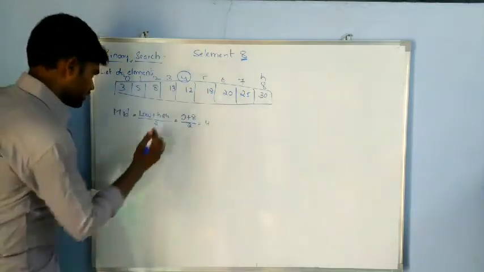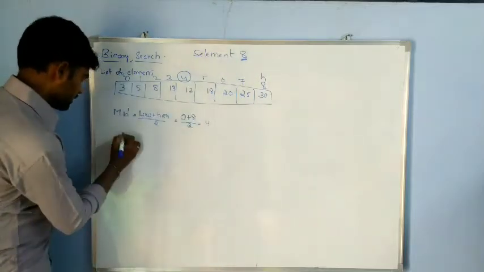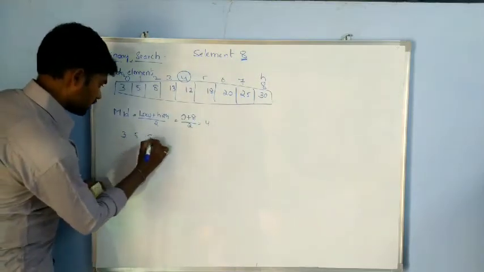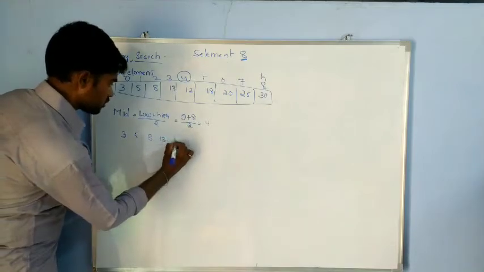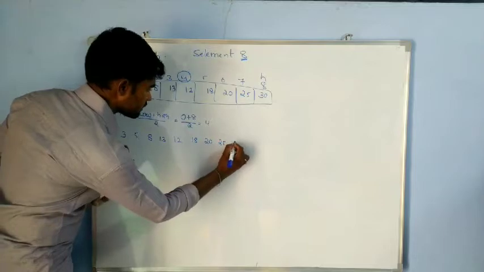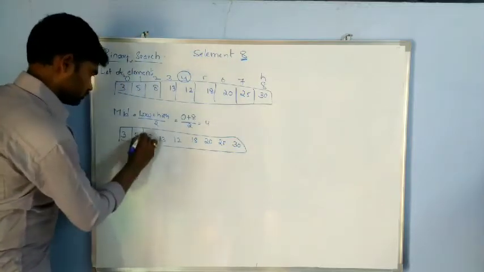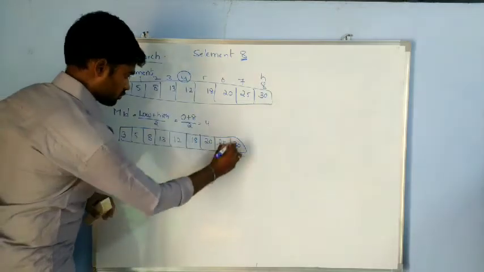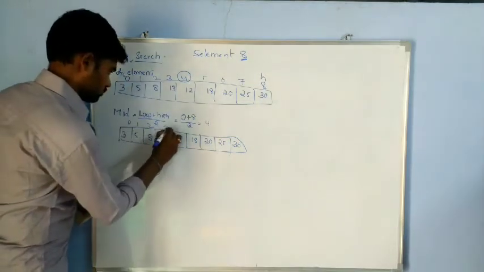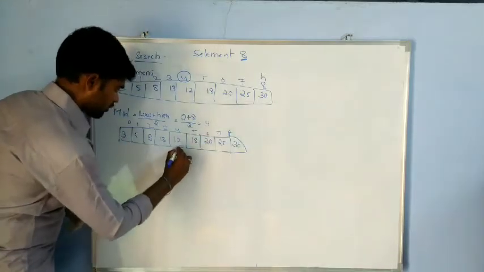With this mid element, we are going to compare the search element 8. The list is 3, 5, 8, 13, 12, 18, 20, 25, 30.